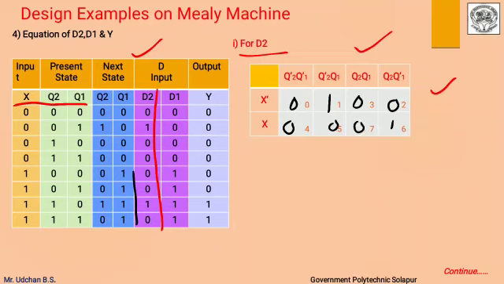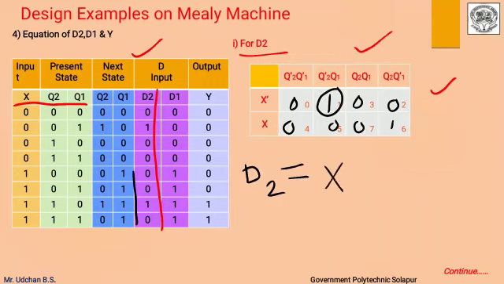So here after entering the values of D2 into the K-map, we are supposed to find the octet, quad or pair, but in this case we don't find any octet, quad or pair. So we will write directly the equation of D2. This is the one.